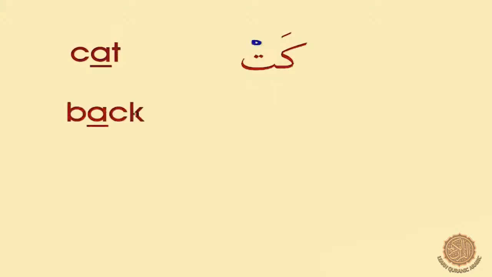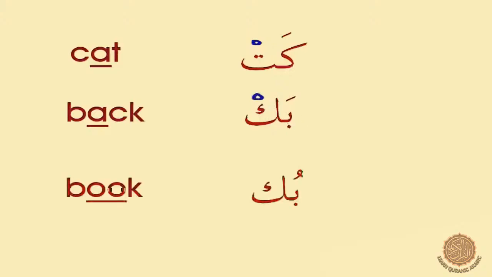Similarly, the word back. There's a sukun there as well. And we have the word book. Same thing, there's a sukun there. Now I also want to mention, here the sentence reads خرج الرجل من البيت, and you stop there.